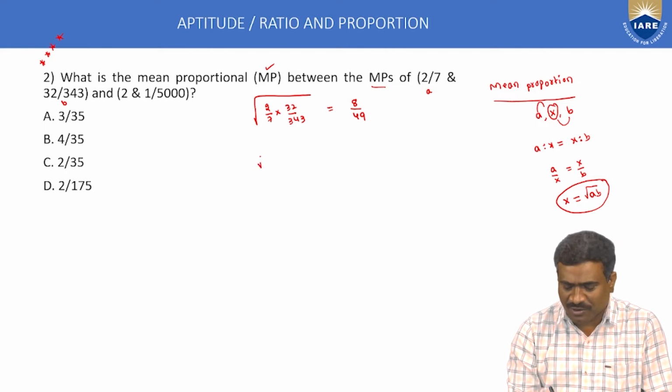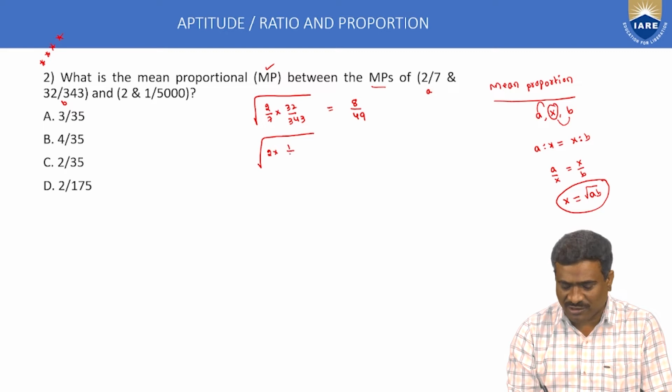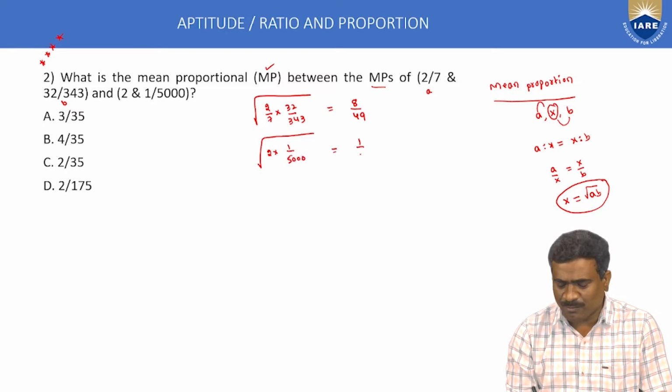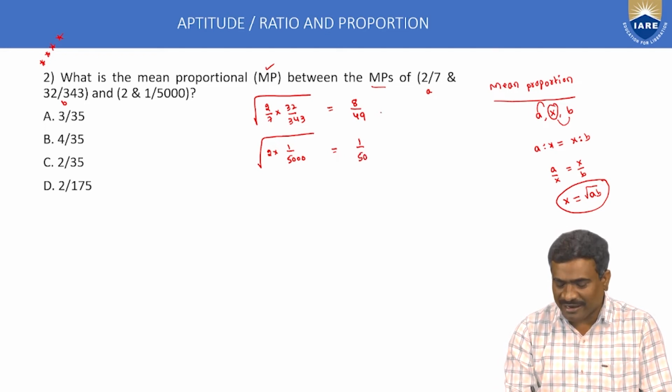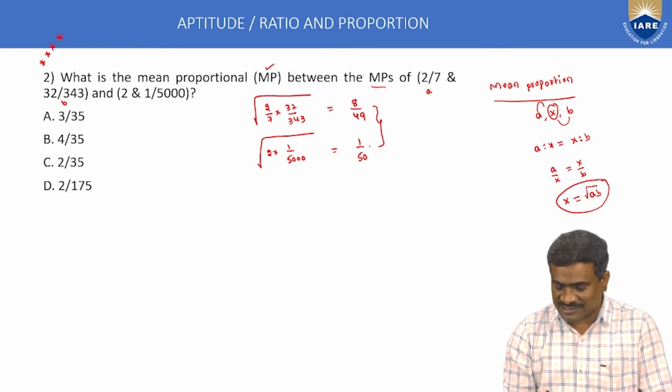Similarly, the mean proportional of the second bracket, that is 2 into 1 by 5000, is equal to 1 by 50, which is called the mean proportional. Again, calculate the mean proportional of these two numbers. Apply the same concept.